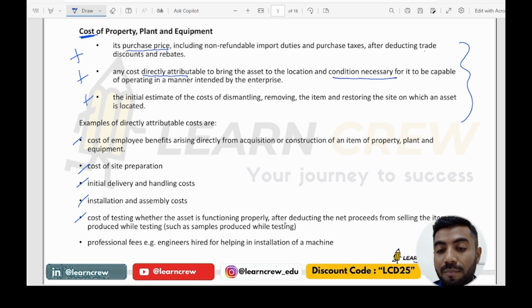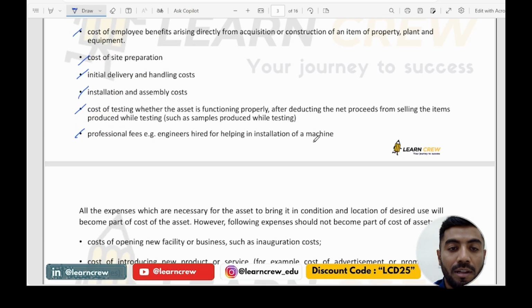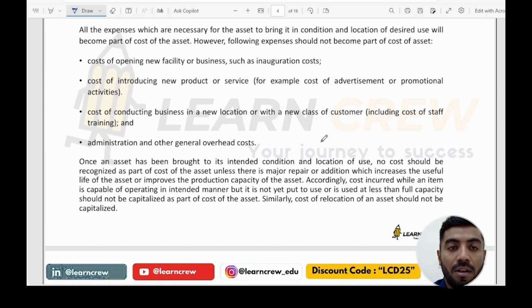But you have to deduct the net proceeds from selling any items, any revenue you get from the samples which have been generated. Professional fees: if you're taking any consultation or professional help for the installation of the machine or for the design, that also can be added to the cost of the machine. Okay, done. We'll move on to the next topic.